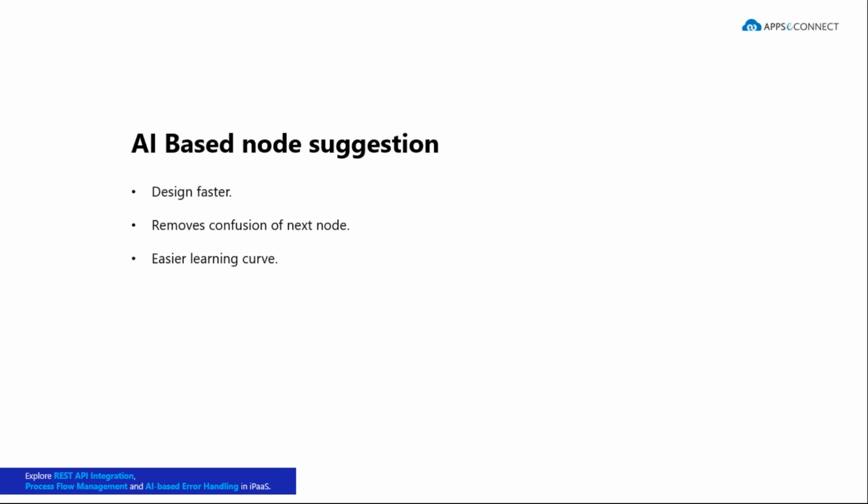Right. So can we have a walkthrough for the AI that is there in our product as of now? Yes, but before we do the walkthrough, there is the AI-based node suggestion as well inside the designer, which we have already shown. When we dragged a component, there is a feature which actually shows what could be the next node for the designer.